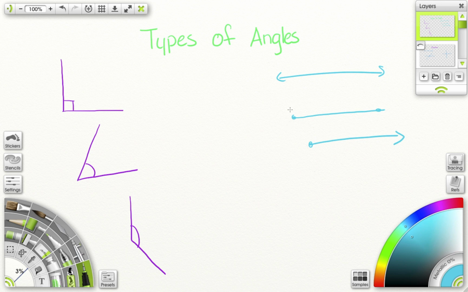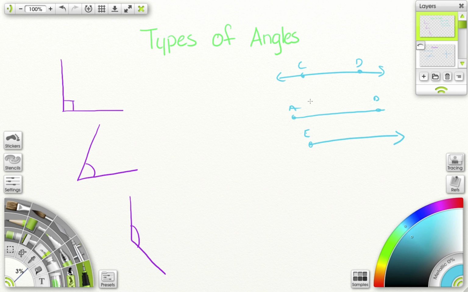So if, for example, this one was A and B, I would call this line segment AB. If this had a point on it, I could call it line CD, and then this one would be called ray E. So we were talking about that.